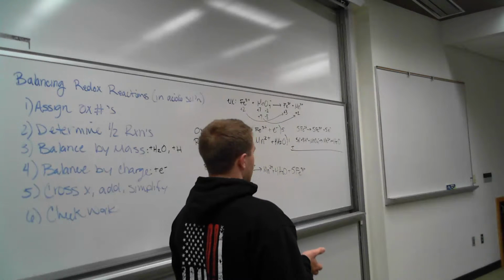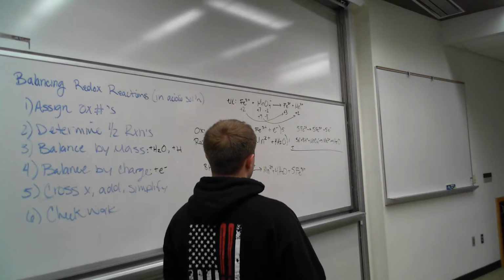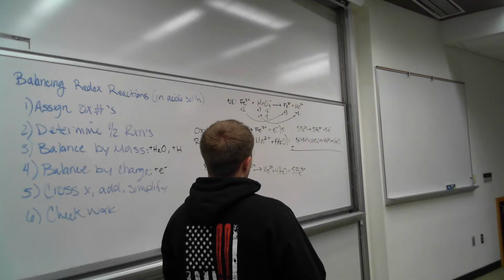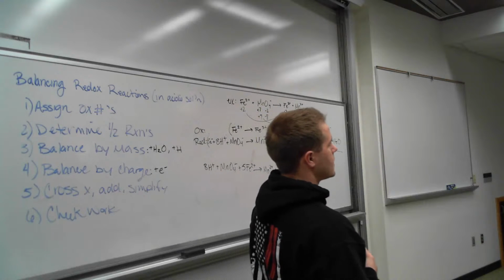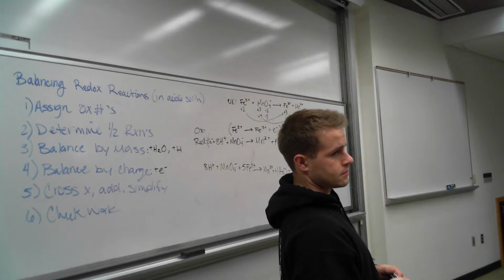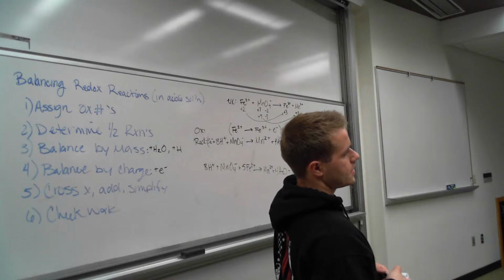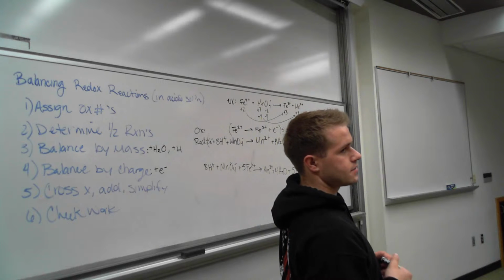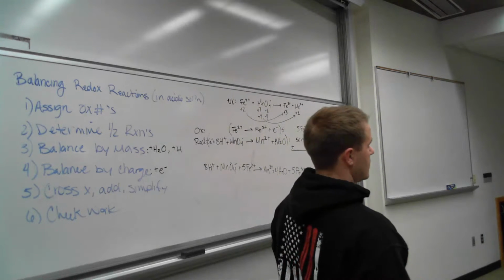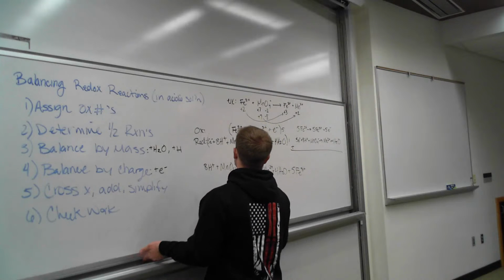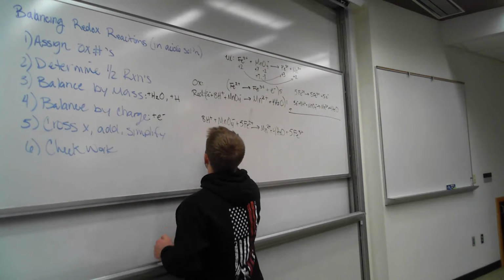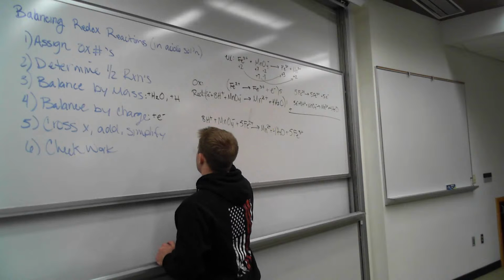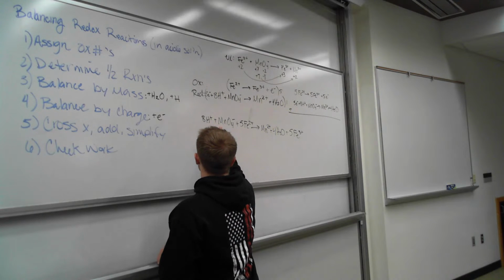We can go through and check our work in a couple of different ways. The sum of our oxidation numbers on both sides should equal each other. Let's take a look at that. So here we have +1 and we have 8 of them, so we have +8.